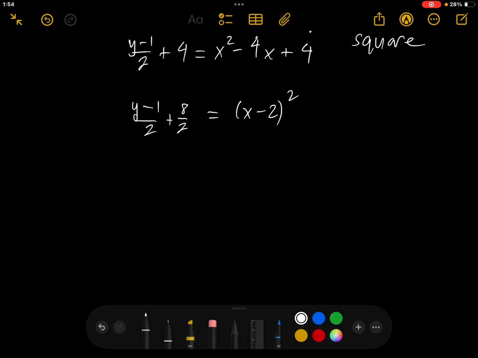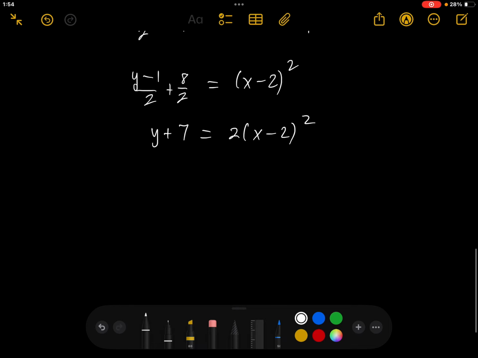Then I can multiply both sides by 2, because now I'm trying to solve for y, right? So I multiply both sides by 2, I get y minus 1 plus 8, that's y plus 7, equals 2 times x minus 2 in parentheses squared. And now the last step is to just subtract 7 on both sides, and you get this. Again, in the form a times x minus h squared plus k.